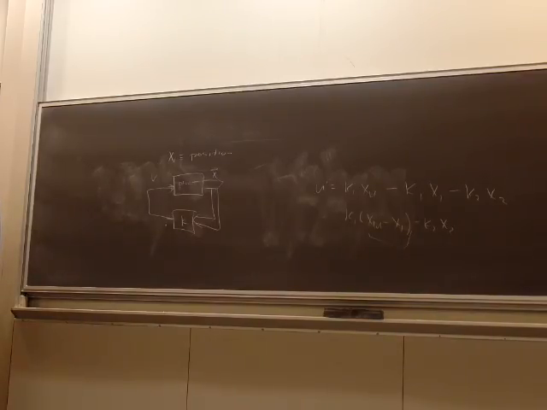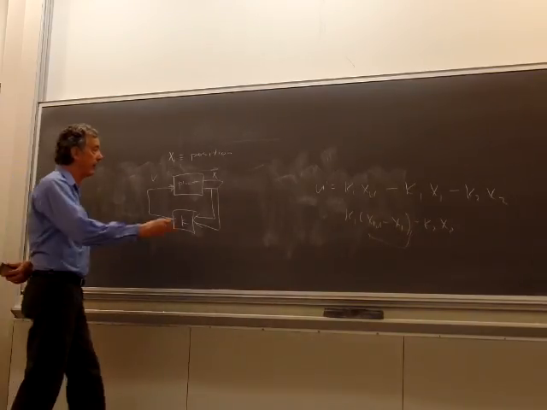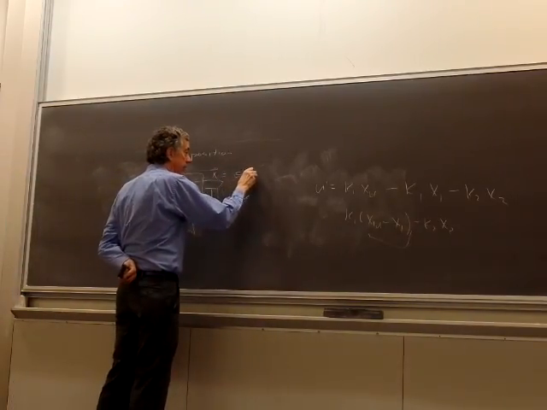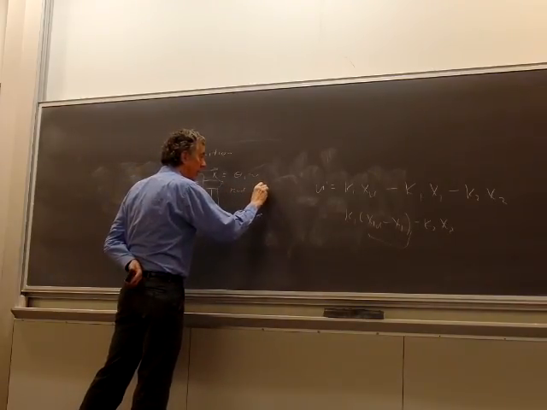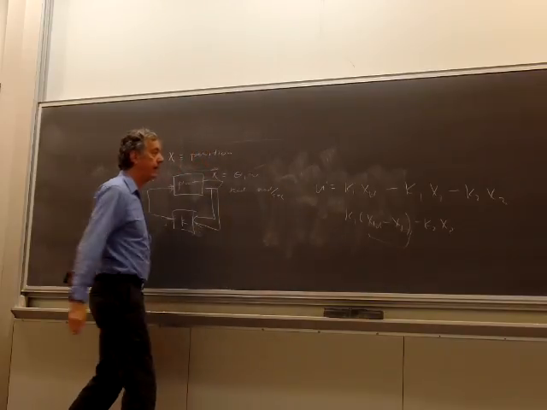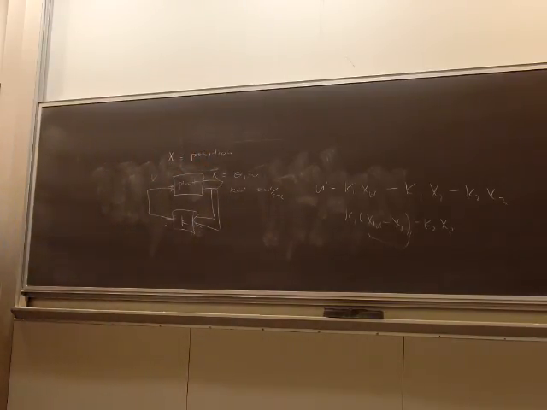Well, position, rotary system, position might be what? Might be radians, all right, so this could be theta, omega, possibly radians, and maybe radians per second.